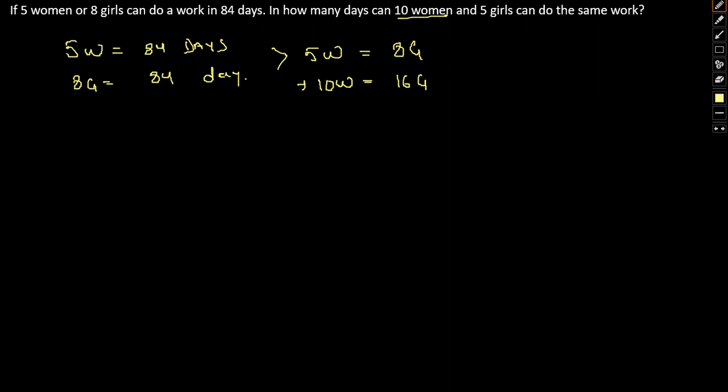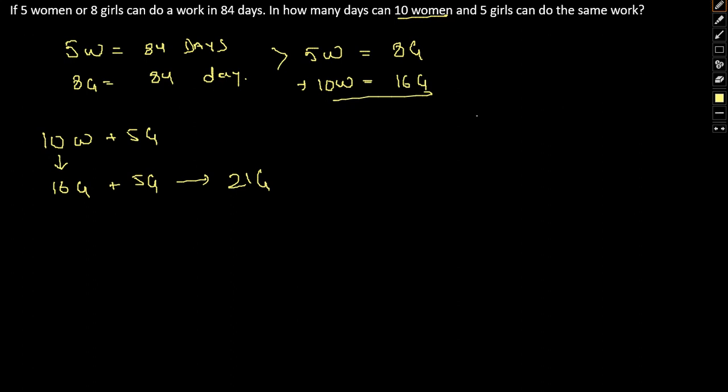Now what we have in our question is in how many days will 10 women and 5 girls do the same work. So 10 women plus 5 girls we need. Okay, so 10 women can be written as 16 girls plus the 5 girls we already have. So that is basically how many days will 21 girls finish the work.